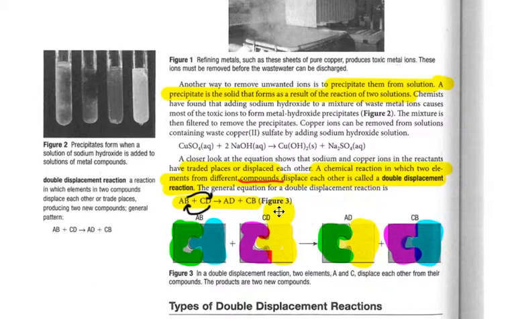If you look at the general form of the equation, compound AB and compound CD, in this case, you could do A replacing C or B replacing D, it doesn't matter that order, as long as you have a metal replacing a metal or a non-metal replacing a non-metal. So it's almost like a square dance. You have two couples and the partners change.